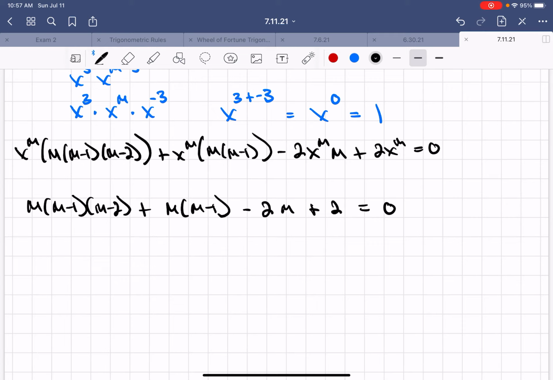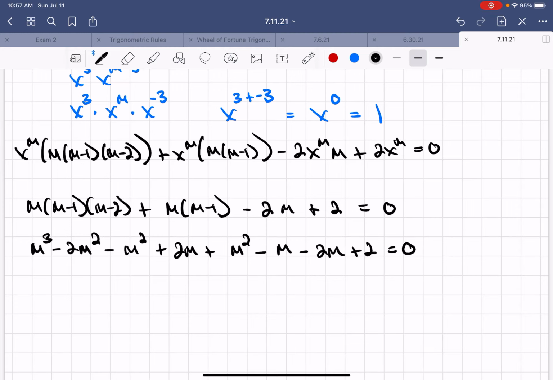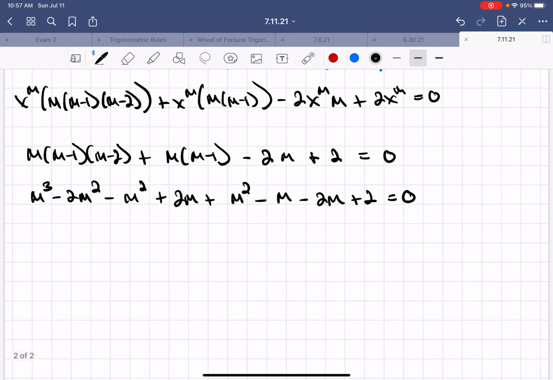Now, if you just FOIL all of this out, what we'll get is m cubed minus 2m squared minus m squared plus 2m plus m squared minus m minus 2m plus 2 equals 0. And just to show you what I did, you're basically just foiling these.